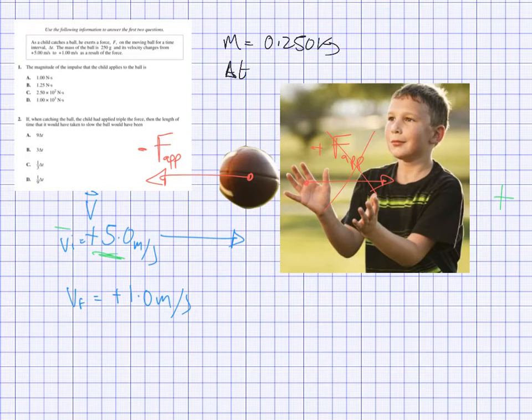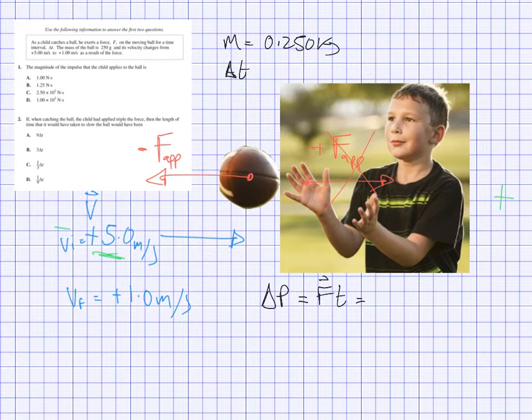Well, hopefully you can recall that if there's ever a change in momentum, which would come about as a result of an unbalanced force, which this ball is experiencing because we have this change in velocity, then we can talk about that force and multiply it by the time. That's going to give us our change in momentum. And we can also talk about this as a change in mv.